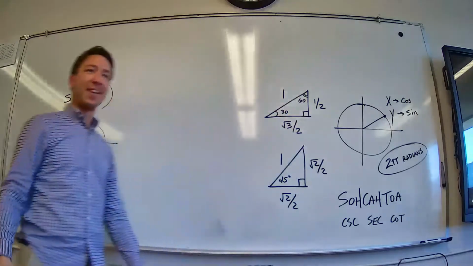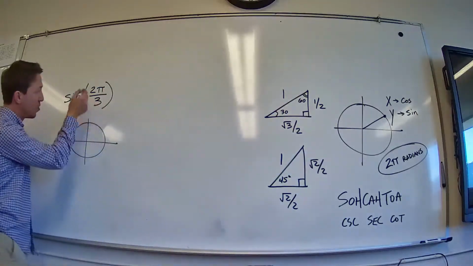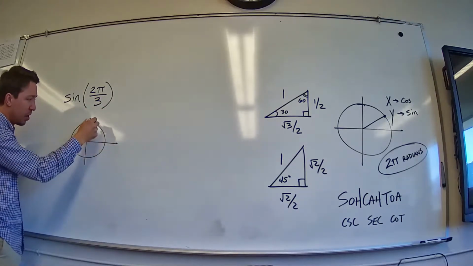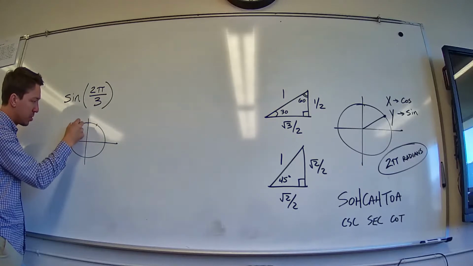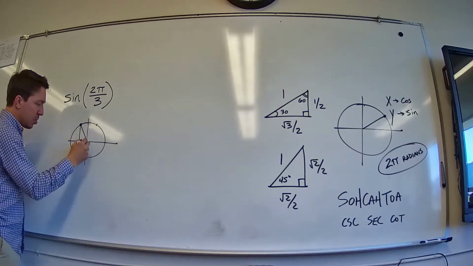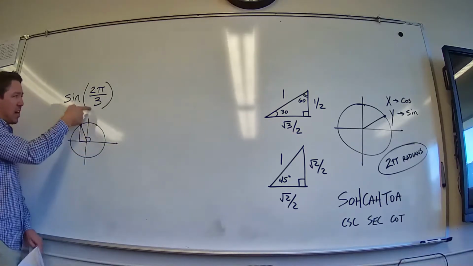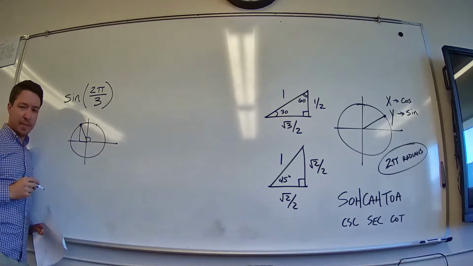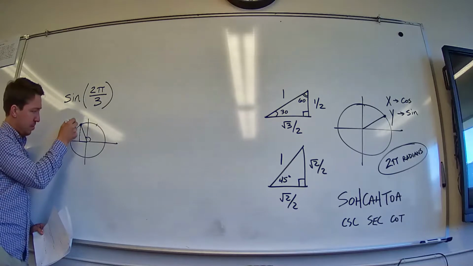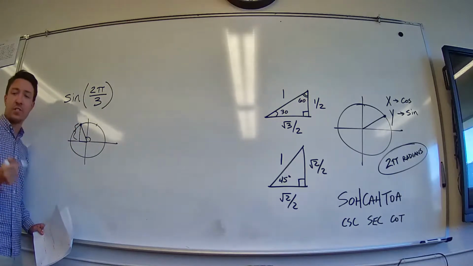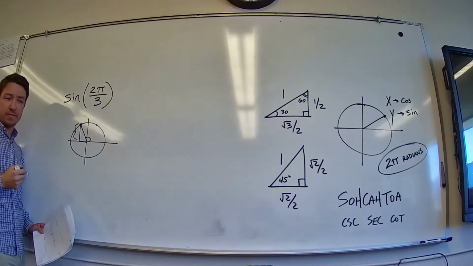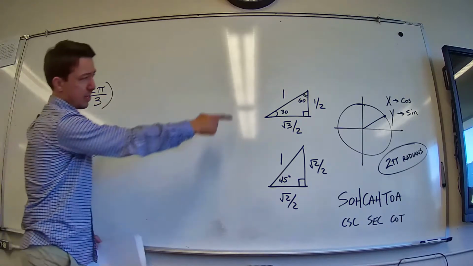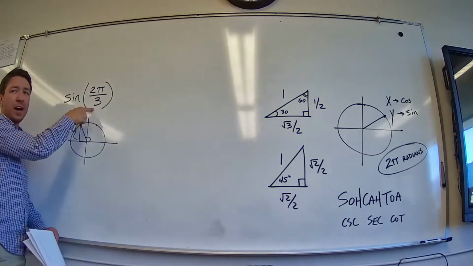So 2 pi over 3, that's 2/3 of the way from here to here. So 1/3, 2/3. If you're being asked for the sine, do you want to know the y value or the x value at that point? You want the y value. Firstly, is the y value positive or negative? It's positive. And which triangle is it if you're dealing in thirds of pi?